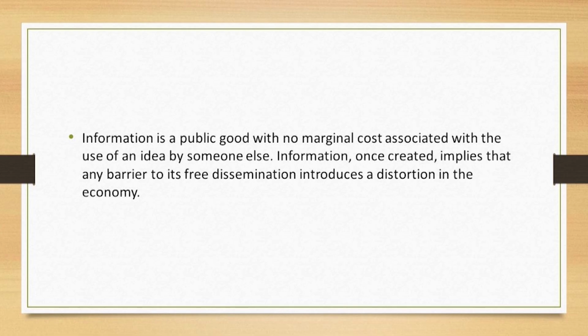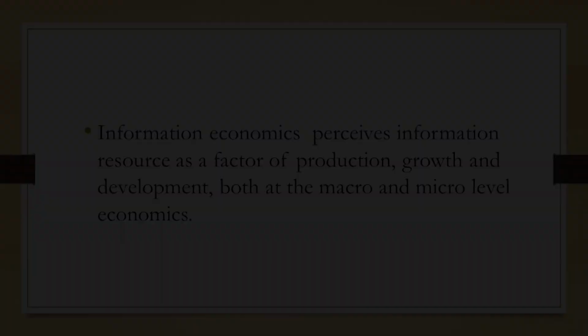Information, once created, implies that any barrier to its free dissemination introduces a distortion in the economy. So, free dissemination of information is the need of the hour, and any barrier to this flow of information will cause a problem in the economic situation of a country or of an organization.